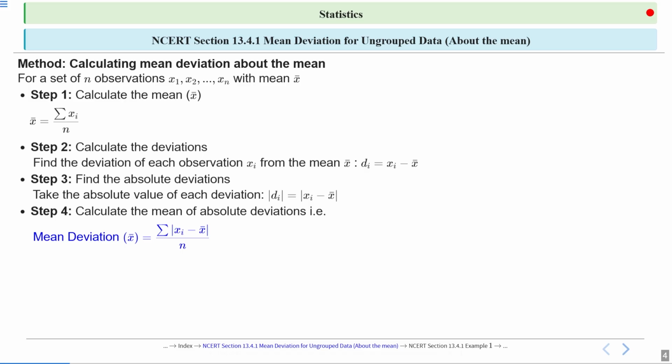So mean deviation about x bar equal to mod of x1 minus x bar plus mod of x2 minus x bar plus dot dot dot up to plus mod of xn minus x bar divided by n. So the mean deviation about the mean is simply the average of the absolute differences between each observation and the mean.